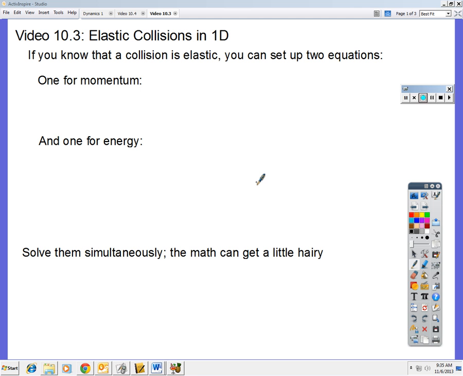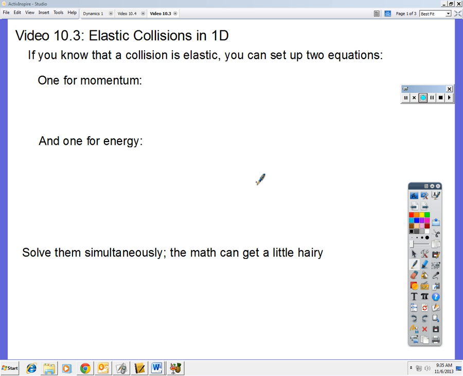So we know that both energy and momentum are conserved, which means that we can now write two equations when we solve these problems, and that means we can solve for two unknowns. The math gets a little bit hairy sometimes, but if you're okay with algebra, then elastic collisions are really not any more difficult than inelastic ones.